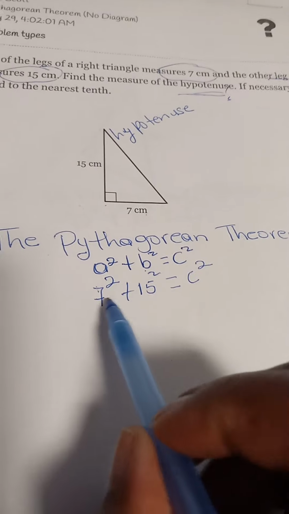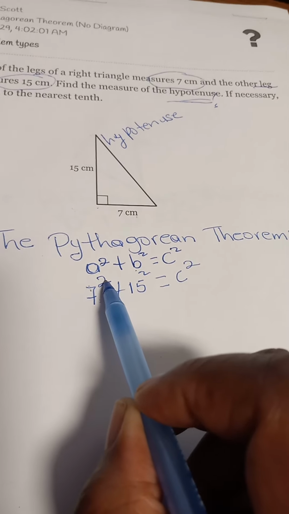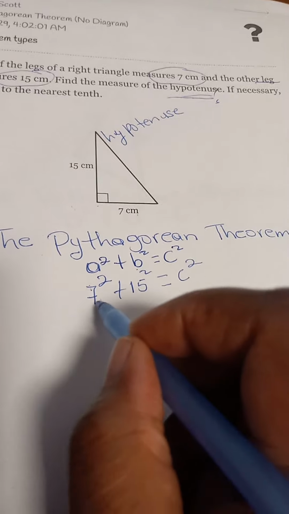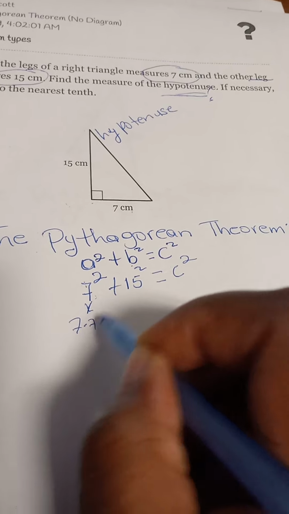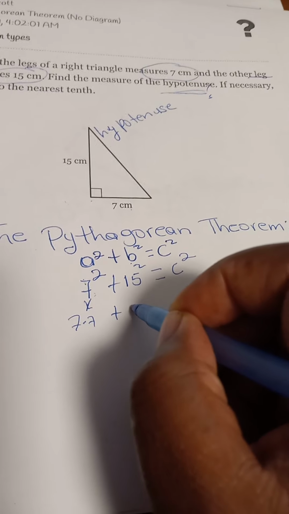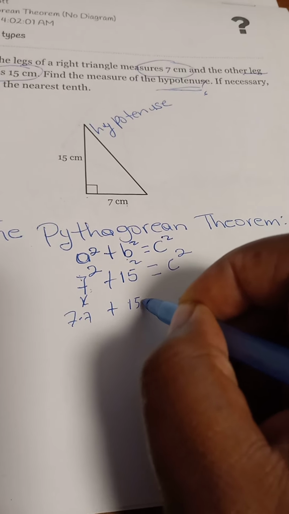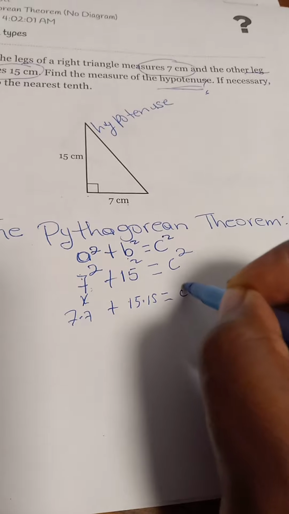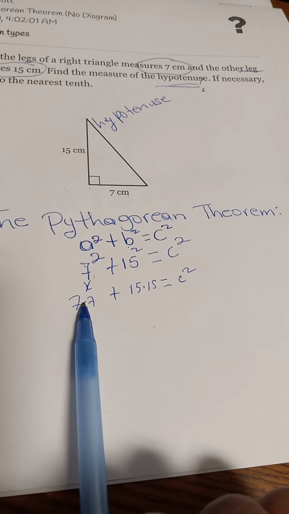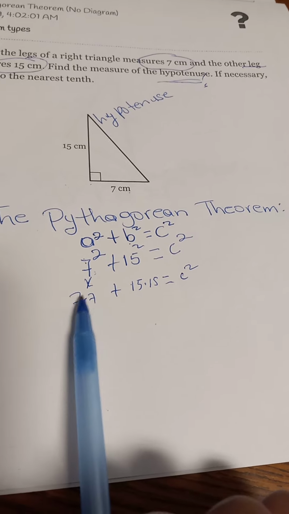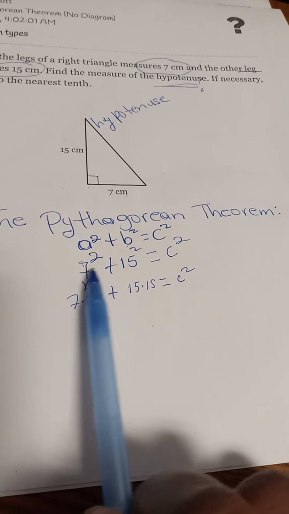Okay, so let's go ahead. 7 squared is 7 times 7, plus 15 squared is 15 times 15, equal to c squared. I'm only doing this step because there are a lot of students that don't know what 7 squared is.